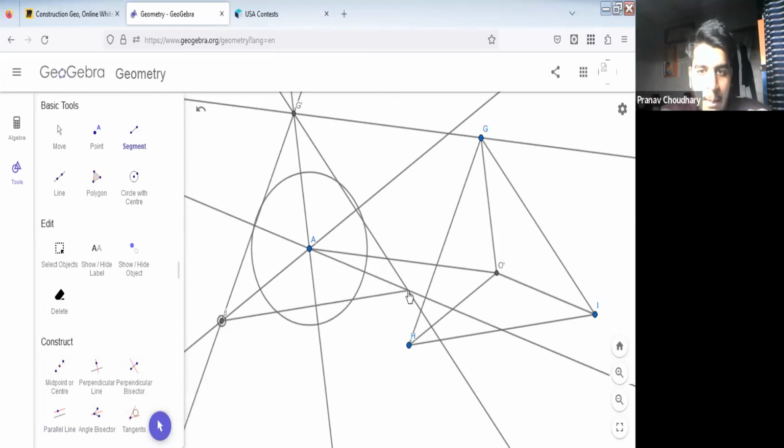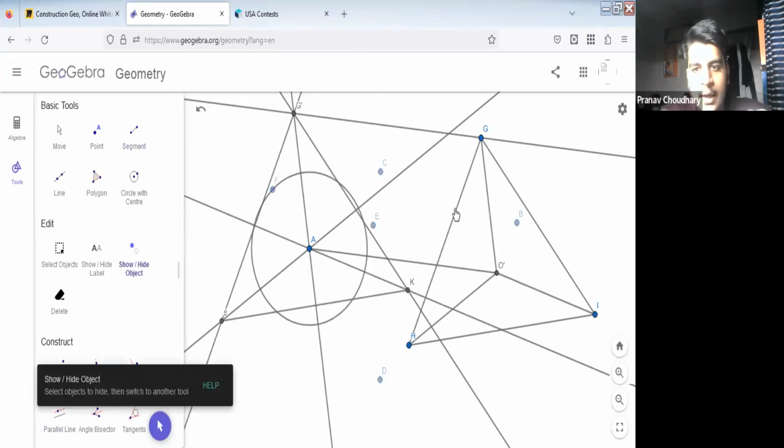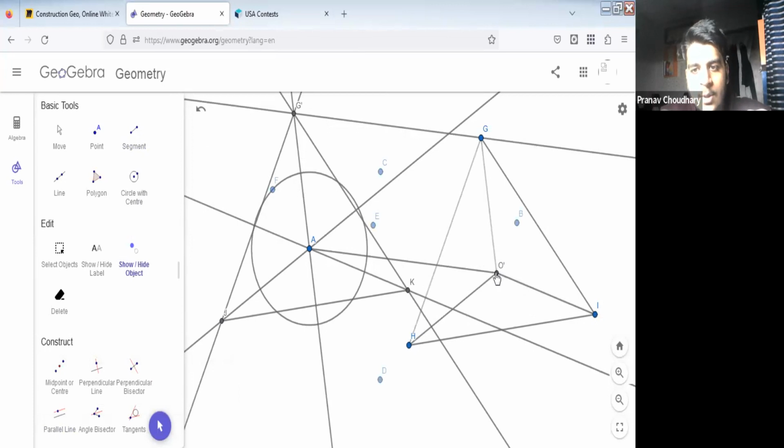Notice that the sides of this new triangle are parallel to the sides of the original triangle, just because it's a translation.